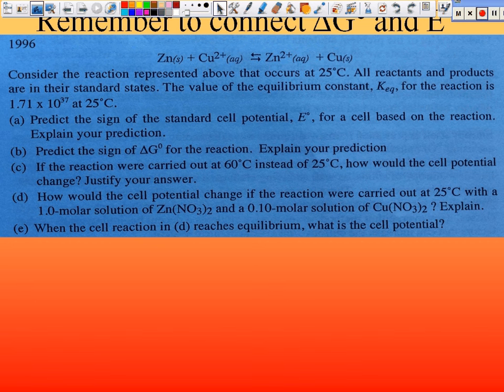All right, C. If the reaction were carried out at 60 degrees Celsius instead of 25 degrees Celsius, how will the cell potential change? Justify your answer. Let me think about the best way to explain this.